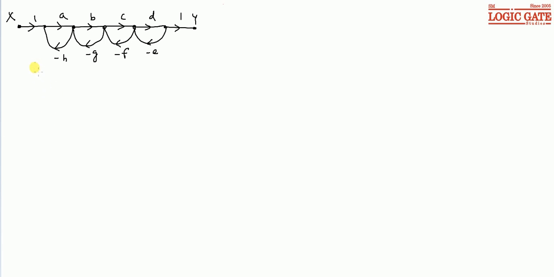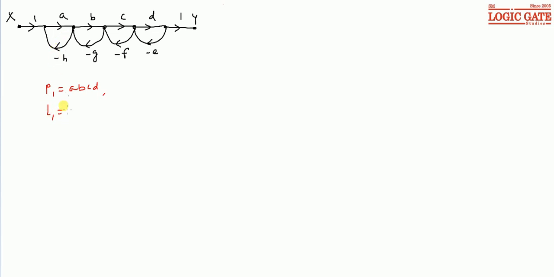In this signal flow graph, we have just one forward path with gain. This is the forward path 1, A, B, C, D and 1. So the forward path gain is ABCD, and it is quite visible that the signal flow graph has 4 loops.